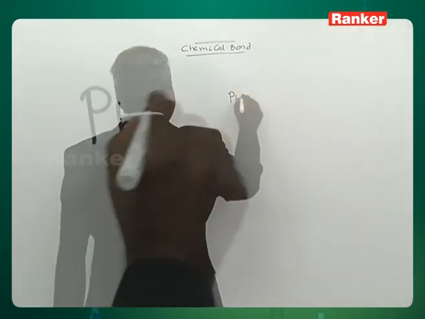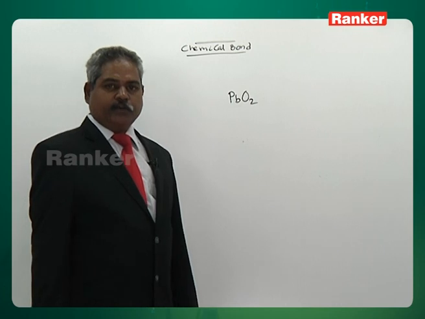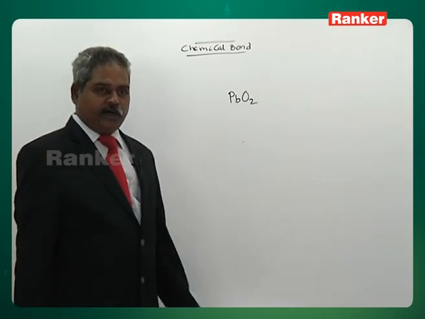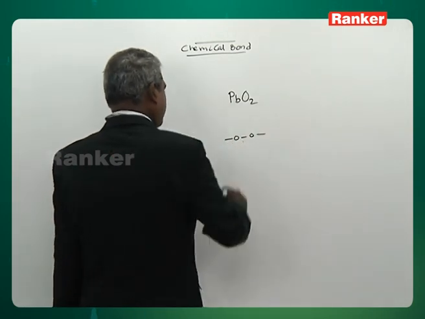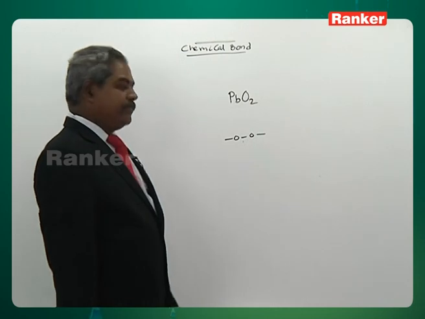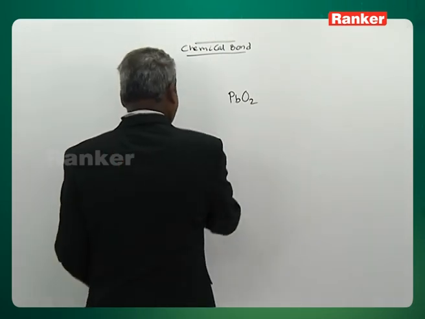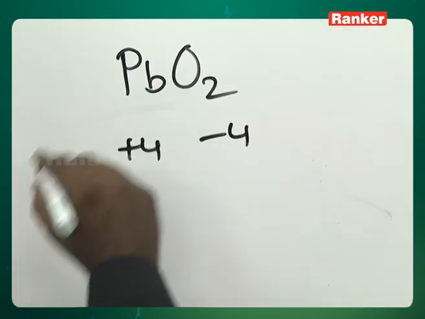PbO2. It was also called lead peroxide. In the old days it was called lead peroxide, but strictly speaking, it is not a peroxide. Because if it is a peroxide, it contains an oxygen-oxygen single bond. There will be one bond between oxygen and oxygen. Okay. PbO2. Give -2 to oxygen, -4. Lead, +4.